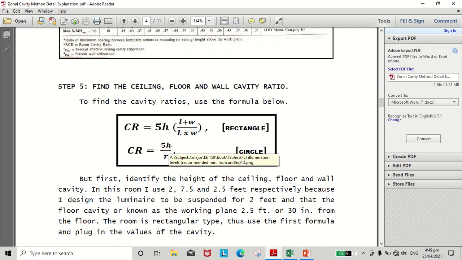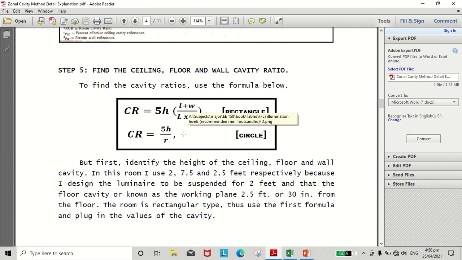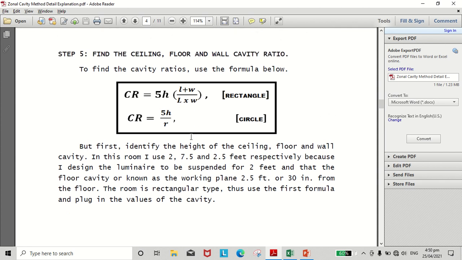In order to find the cavity ratio, you have to use this formula for a rectangular room: cavity ratio is equal to 5 multiplied by the height of the room times the length of the room plus the width, all over the length times the width. For a circular room, we have 5 multiplied by height divided by the radius of the room.